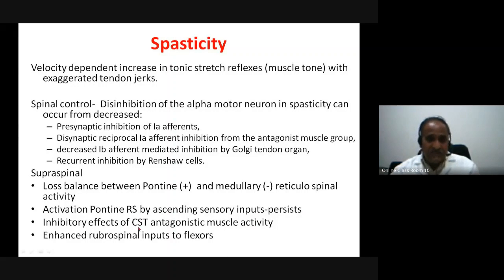The inhibitory effects of the corticospinal tract on antagonistic muscle activity: because corticospinal tracts are supplying the flexor muscles, they will try to initiate the contraction there. At the same time, there is a reciprocal inhibition to the antagonistic group of muscles. That is one part. The enhanced rubrospinal inputs to flexors: if the flexors are enhanced, reciprocally the antagonist group muscles are inhibited. These are all the causes of the spasticity.